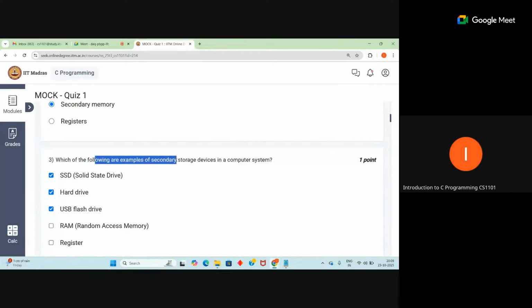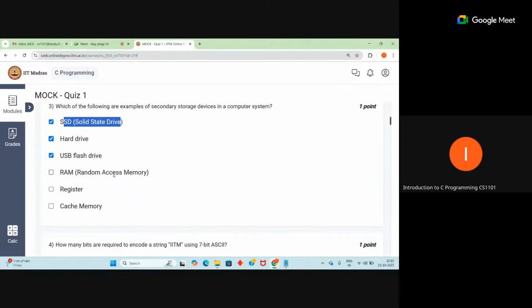Which of the following are examples of secondary storage devices in the computer system? Your hard disk, hard drive, or nowadays in new systems SSD, solid state drives, and your pen drives, USB drives. To the USB port, you can connect external devices like your pen drive or external hard disk. All those are secondary storage memories, whereas RAM is a main memory.